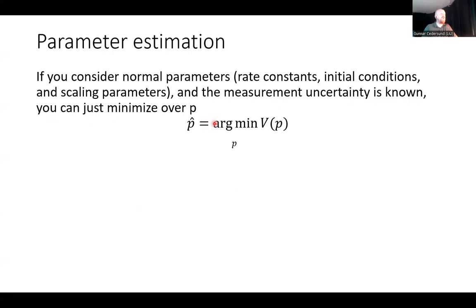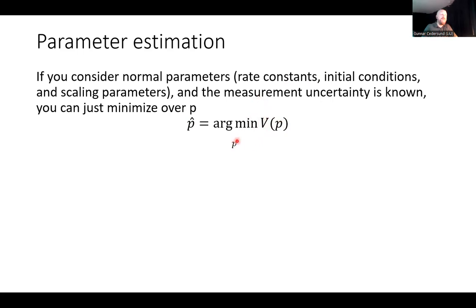Then we just minimize over P. So we want to minimize this cost function that we looked at. So we want to see for which parameter combination of all these values do we have the smallest cost as possible. So the best agreement with the data, the smallest distance between the data and the simulated points. So we want to minimize V, but we don't want to have the smallest cost.